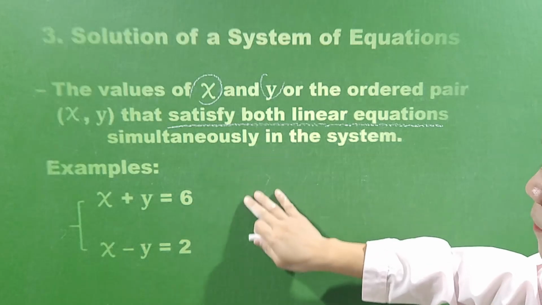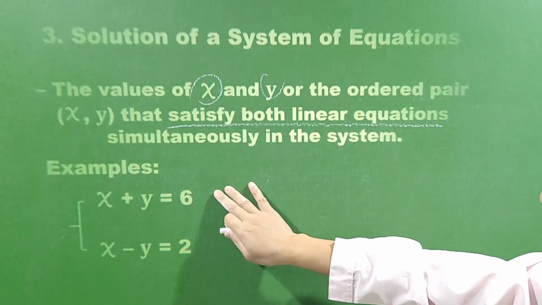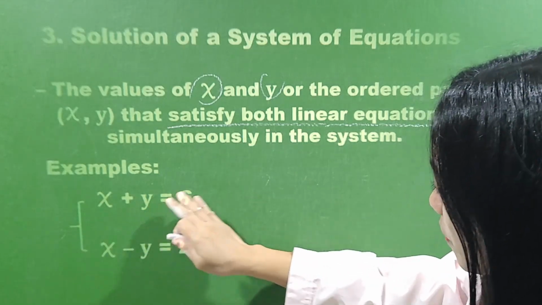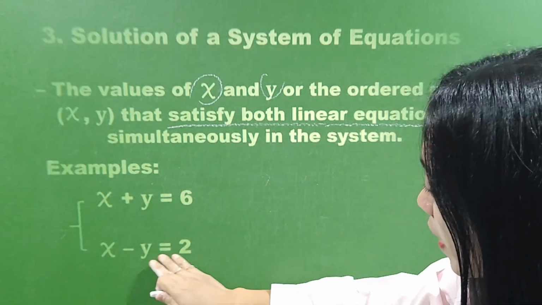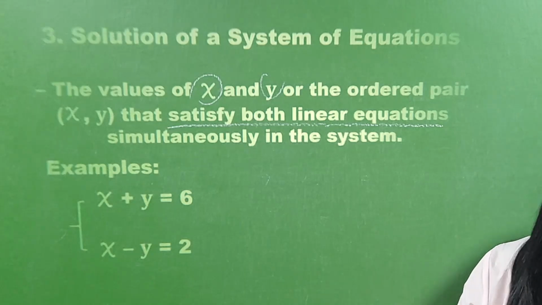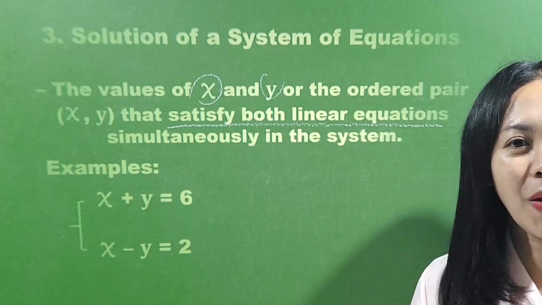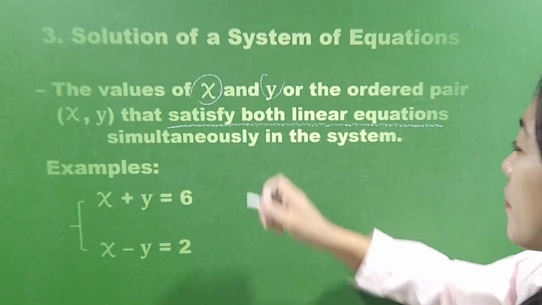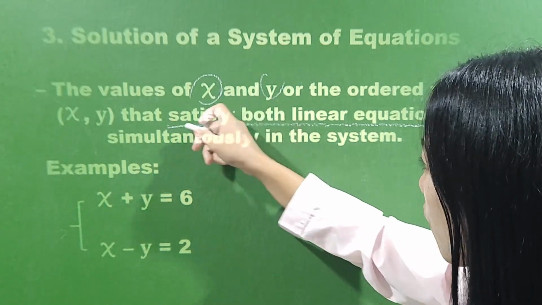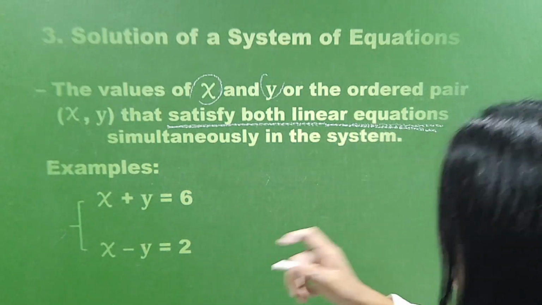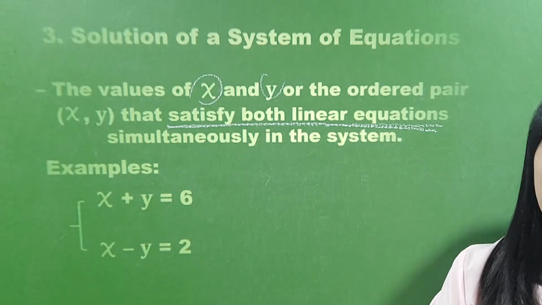Let's give an example. We have here this system of equations x plus y is equal to 6 and x minus y is equal to 2. We will find the solution to this system of equations. Take note, the values of x and y must satisfy both of these linear equations.